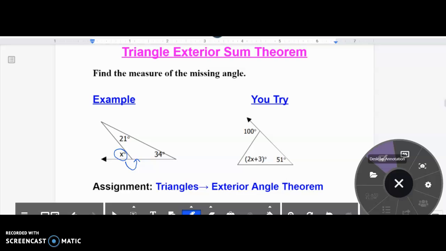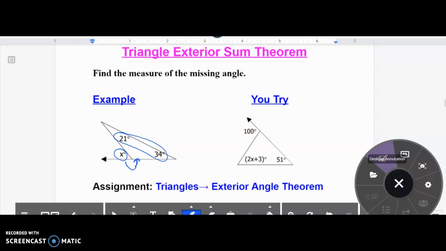So the two remote angles from the exterior angle. Look at these two, that are on the inside of the triangle, but not next to the outside angle.